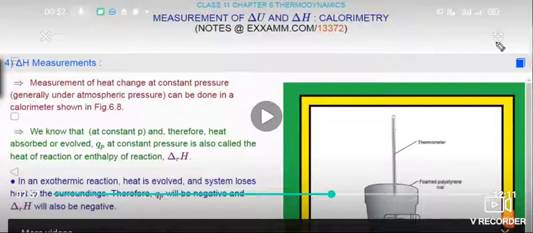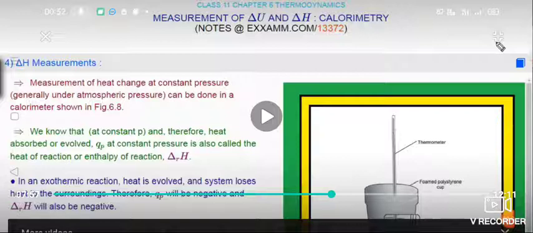If you see, the total amount of heat absorbed by the surroundings is equal to the product of the rise in temperature recorded by the thermometer and the heat capacity of the calorimeter assembly including water. The amount of heat evolved in the reaction, QR. What is QR?